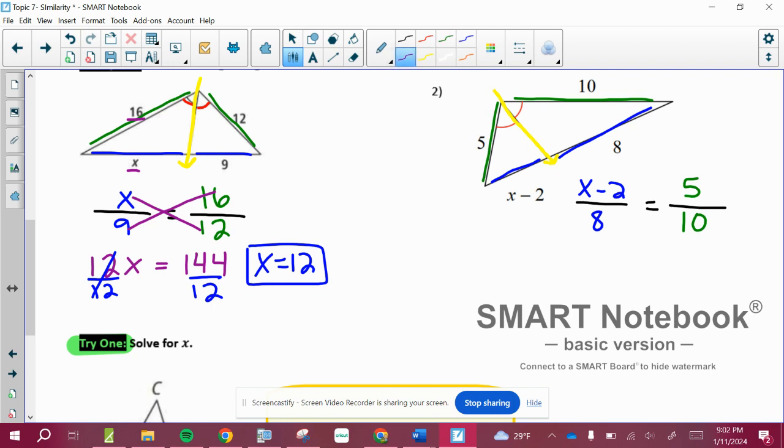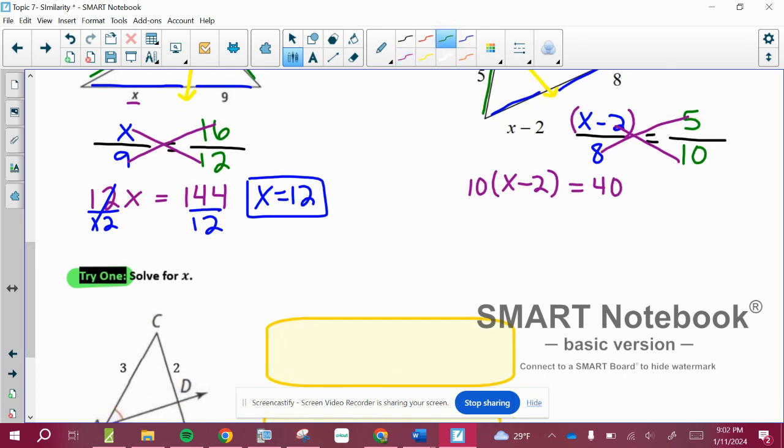Okay, so same thing, we're going to cross multiply this, but just make sure when we do 10 times X minus 2, we distribute that. Then I'll set that equal to 8 times 5, which is 40. To finish up our solving here, I'm going to distribute the 10. 10x minus 20 is equal to 40.